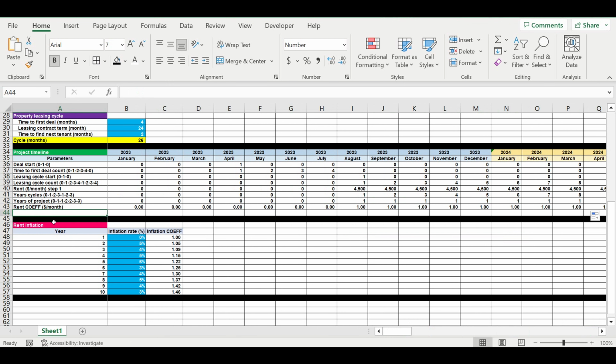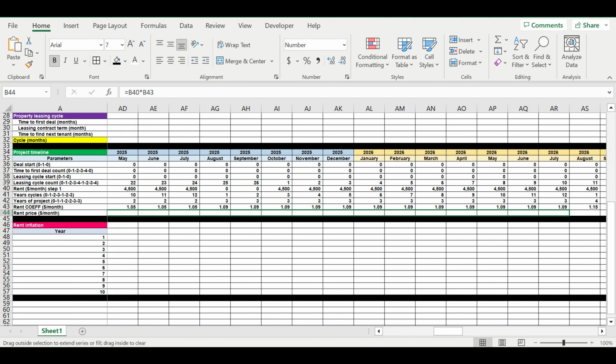And rent price, dollar per month: I will just multiply the base rent value by the inflated rent coefficient. Now I will be just extrapolating this formula to the right.